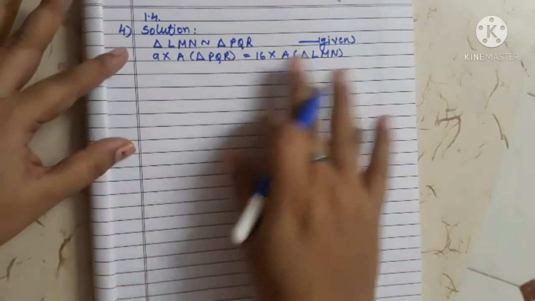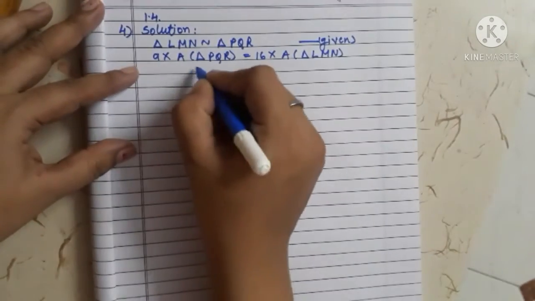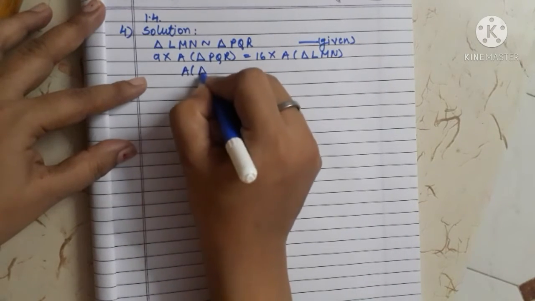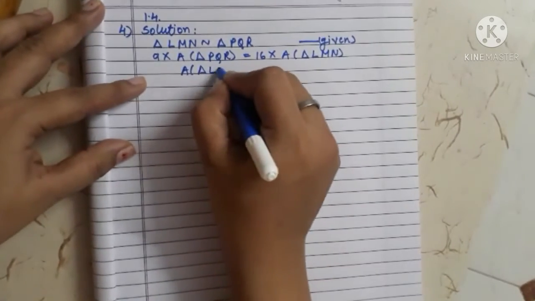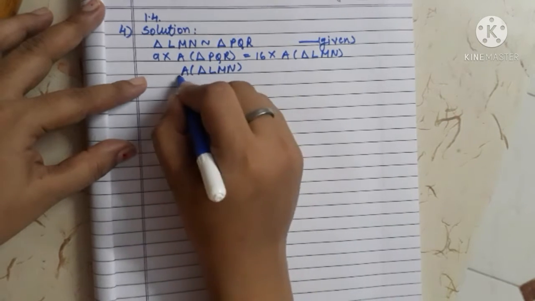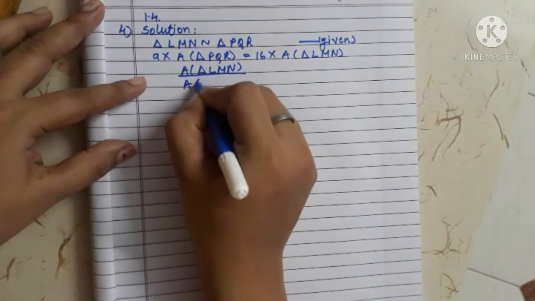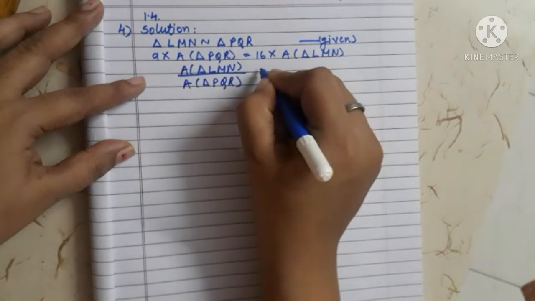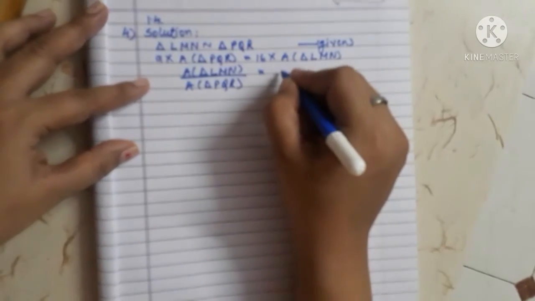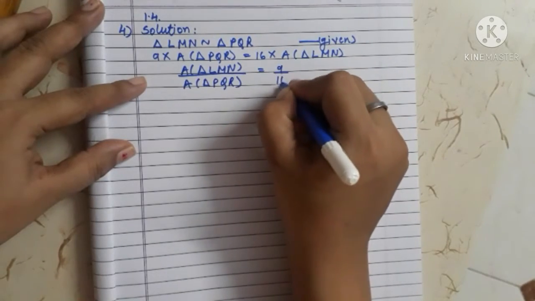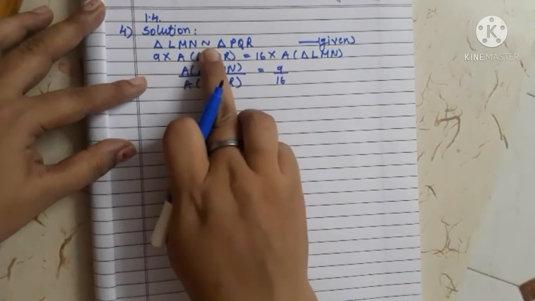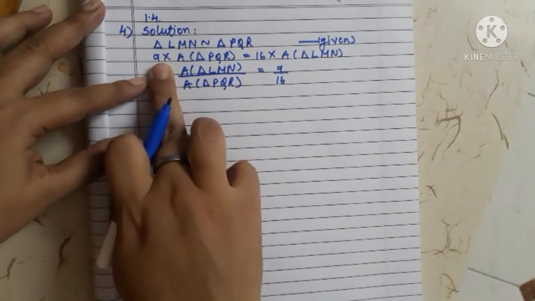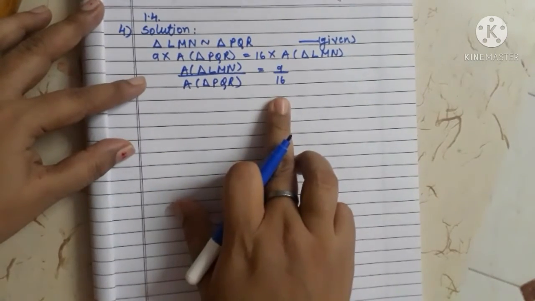So I will get area of triangle LMN upon area of triangle PQR is equal to 9 upon 16. What I have done, PQR is taken here and 16 is taken to the denominator. Okay, so I get this.